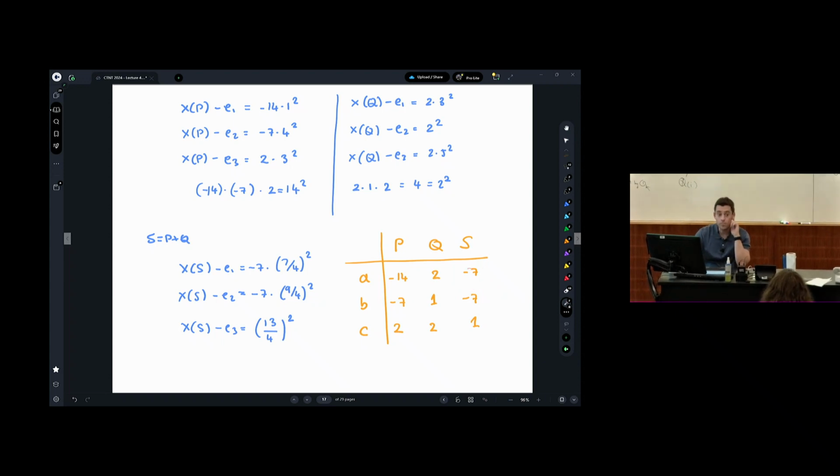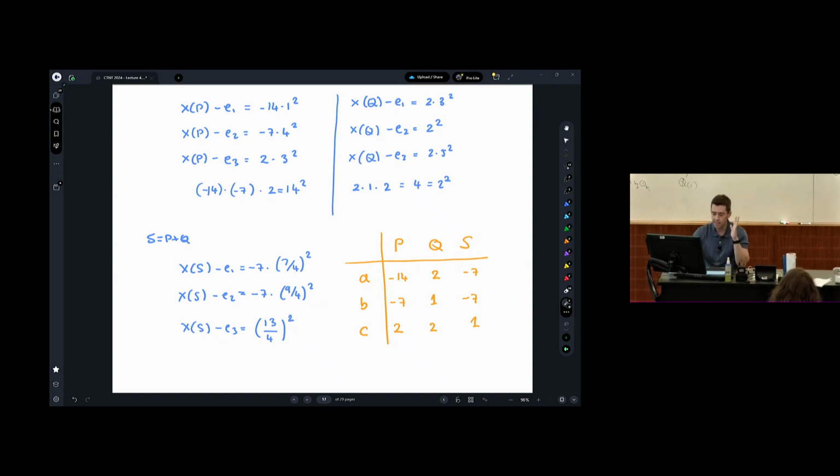Two of them multiply to give another one of them, not necessarily. You pick and choose. You're saying 2 times minus 7 is minus 14, minus 7 times 1 is this one. And here, which ones did you pick? 2 and 1. Oh, 2 and 1 is 2. I mean, Q times S is P. Any two of them multiplied, or ultimately P over Q is S. Okay, so at least you got it right that there's some multiplicativity connection here.